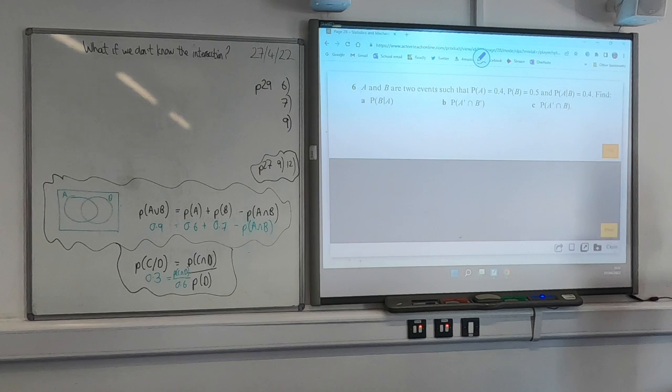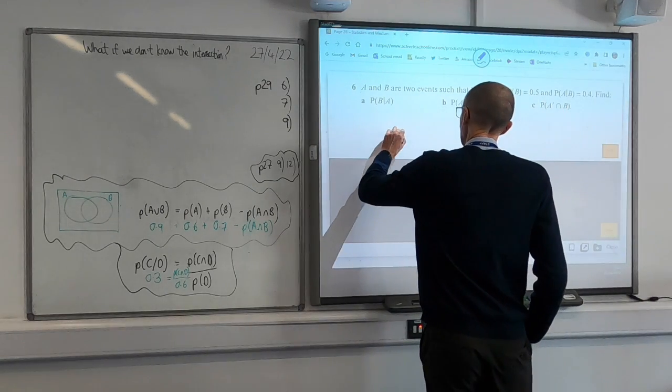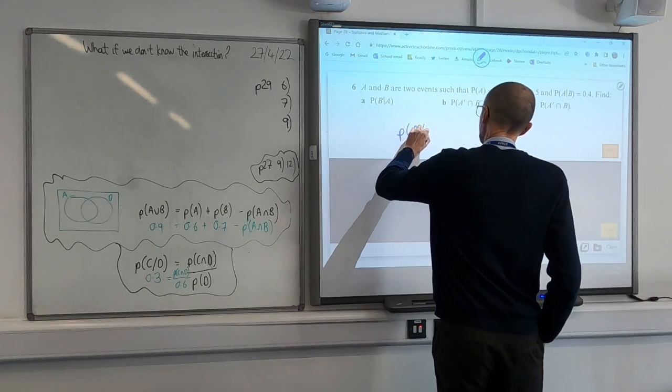Again, no mention of a Venn diagram, but I'm drawing a Venn diagram here. And in order to draw the Venn diagram, I need to know the overlap. So working out my overlap is the first thing I'm going to do.